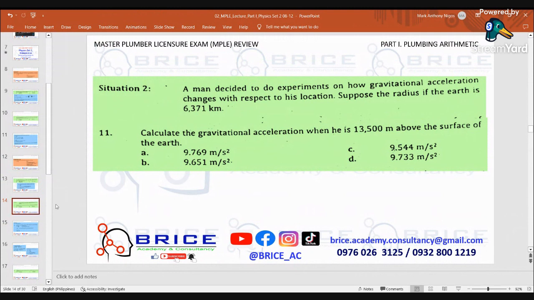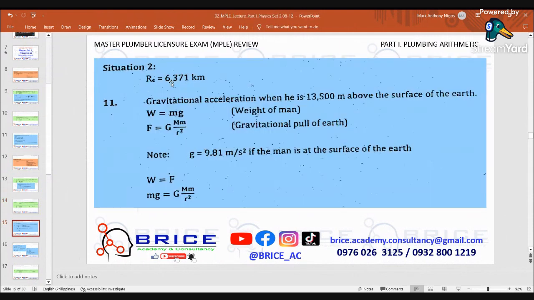Calculate the gravitational acceleration when he is 13,500 meters above the surface of the Earth. Radius of the Earth, 6,371.